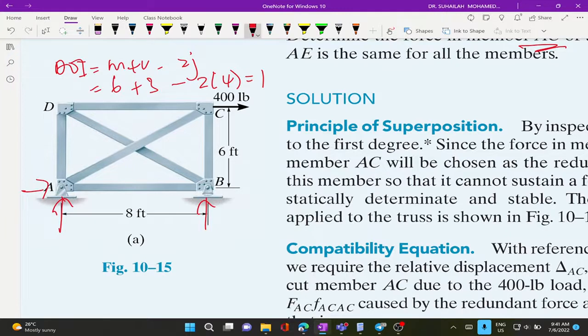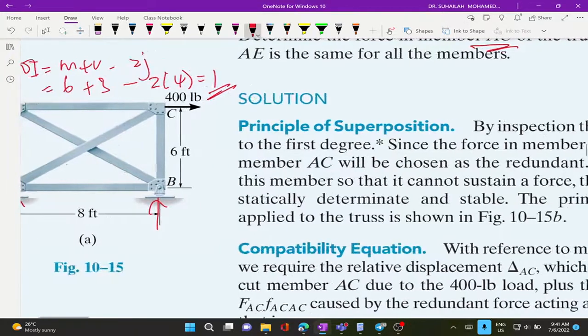Even though the redundant is equivalent to 1, we cannot remove 1 from the reaction, because then we get only 2 unknown reactions and the truss is unstable. So in this condition, we have to remove a member as the redundant.